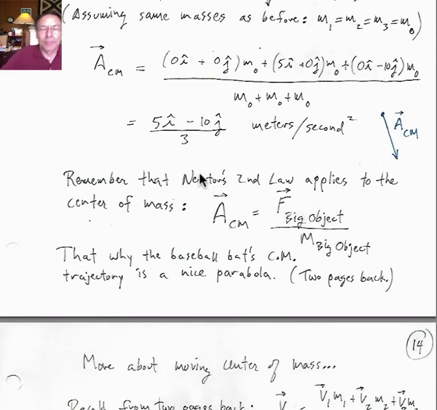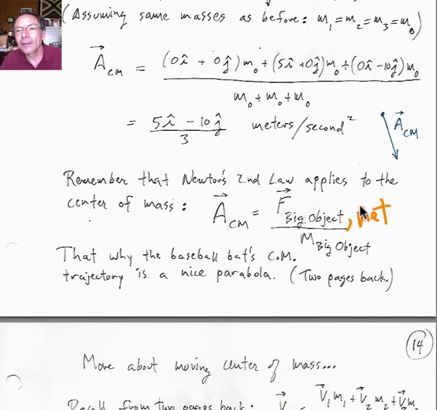Now, I kind of alluded to this earlier, but let's say it once again. Newton's second law can be used to figure out the motion of the center of mass of an object. So if I know the forces on the satellite or whatever it is, and I add them all up, I get the overall net force on that object. So maybe I should have put F big object net.